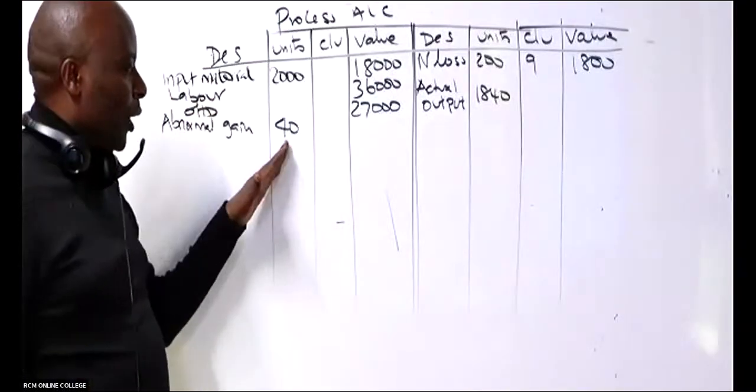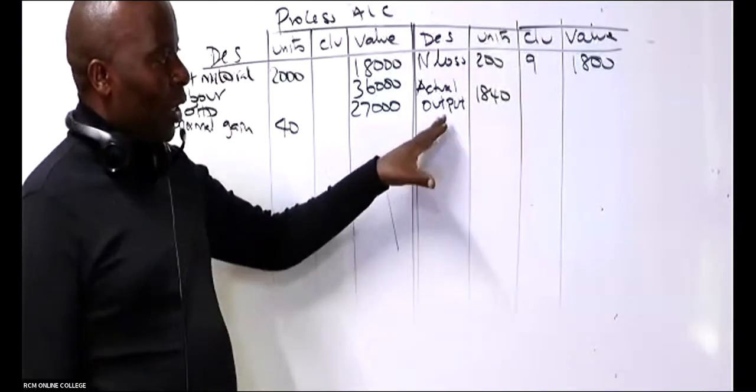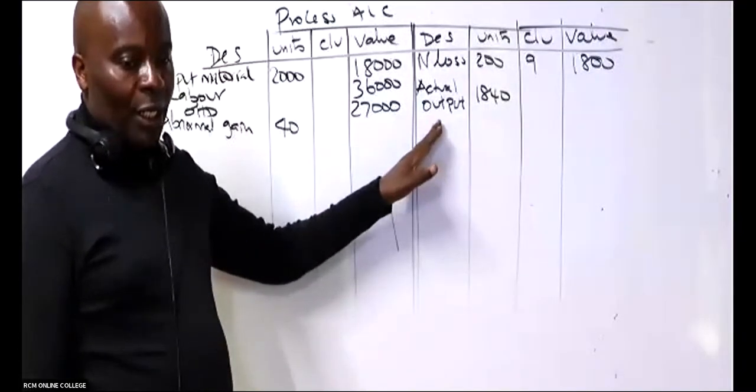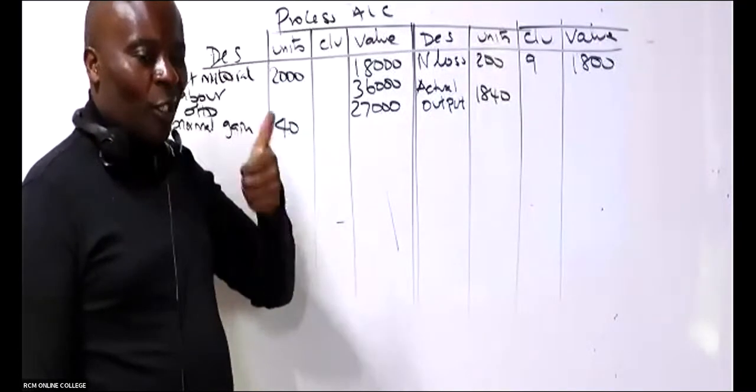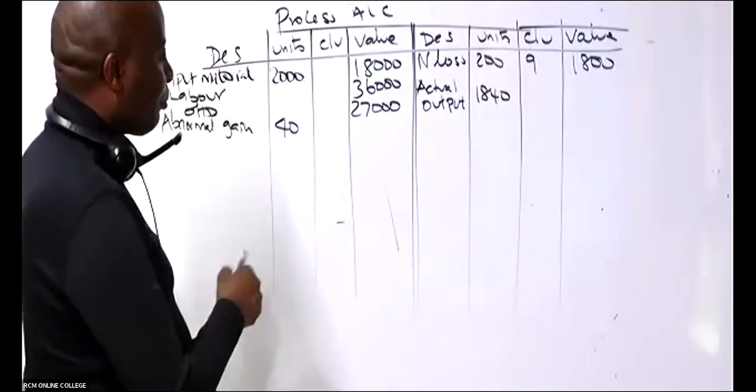I would want a value for the normal gain. I would want a value for the actual output. So for these two things, I'll have to use the process cost per unit formula.